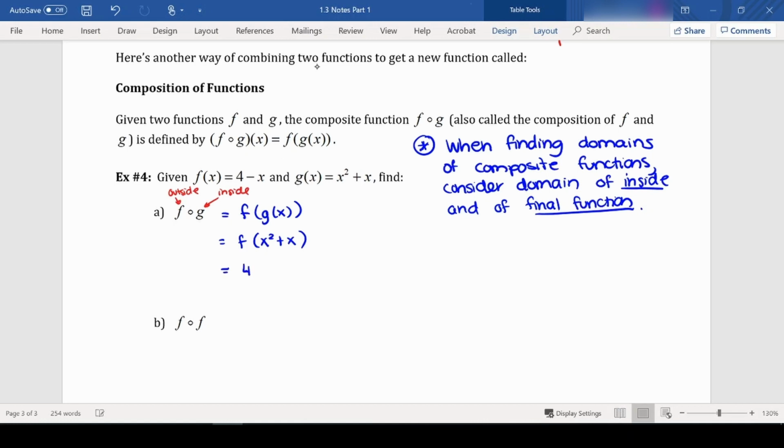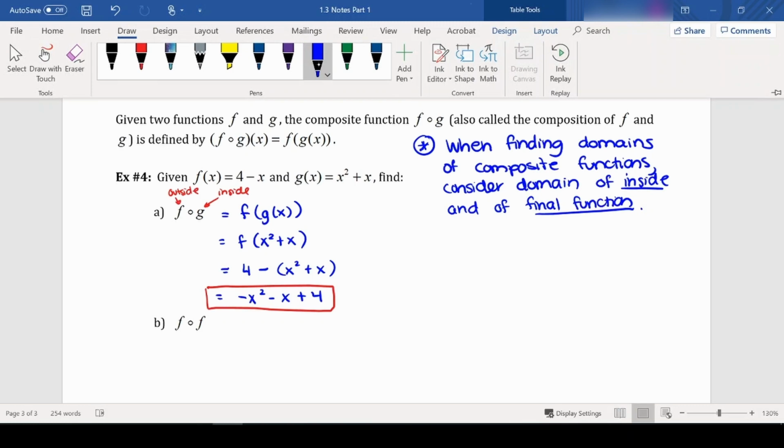So instead of having 4 minus x, I have 4 minus all of this, or negative x squared minus x plus 4. So if I did want to find the domain of this, I would need to consider the domain of g of x, which is all real numbers, it's a parabola, and then also the domain of this answer, which is also all real numbers. So my domain for this would be all real numbers.